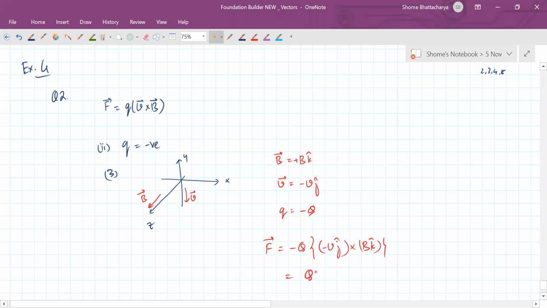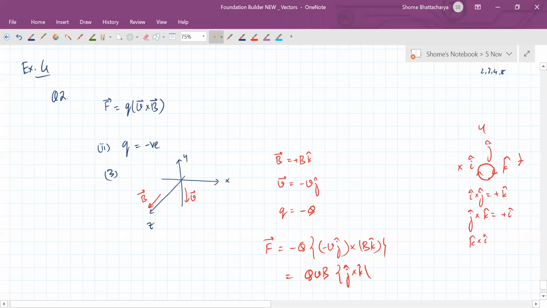So it becomes QVB, minus minus cancels, j cross k. Now you remember your ijk concept, or xyz concept, like this. The circularity. So i cross j is positive k. j cross k is positive i.